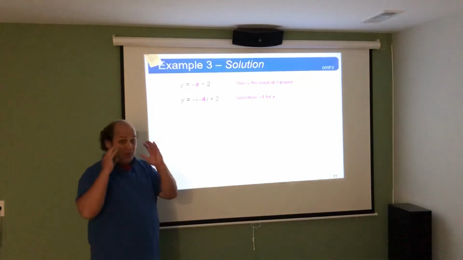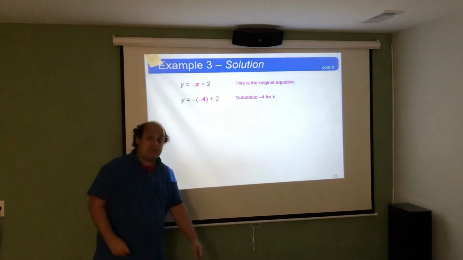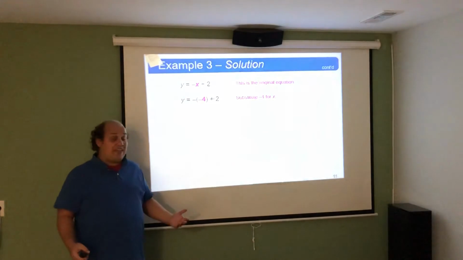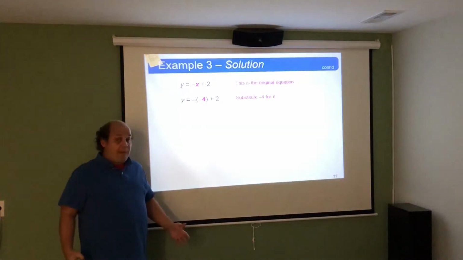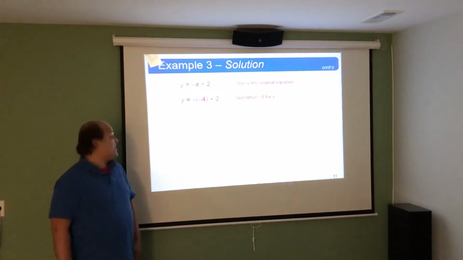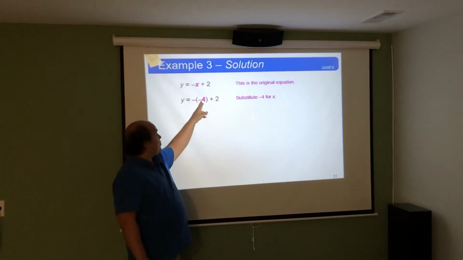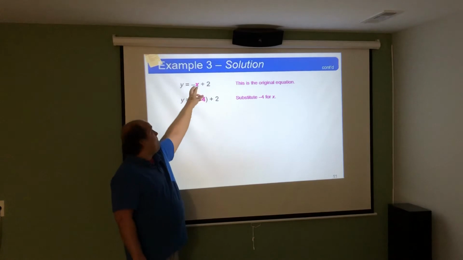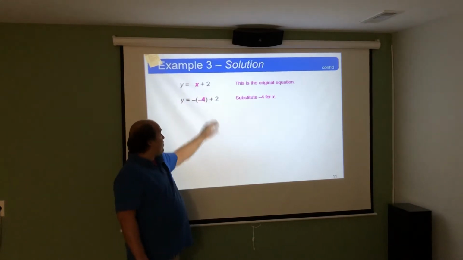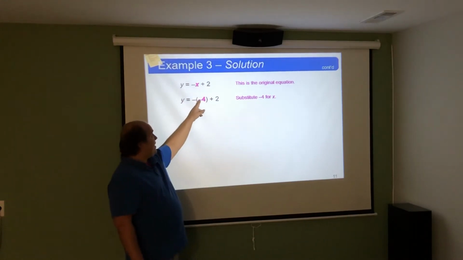I always like to put parentheses around something I'm substituting in, even when it's not really necessary, just because I'll remember those parentheses when it is necessary, like it is here. Without those parentheses, you might accidentally think there's just one negative sign. By putting parentheses around the -4 in place of x, you see it's a negative and a negative.